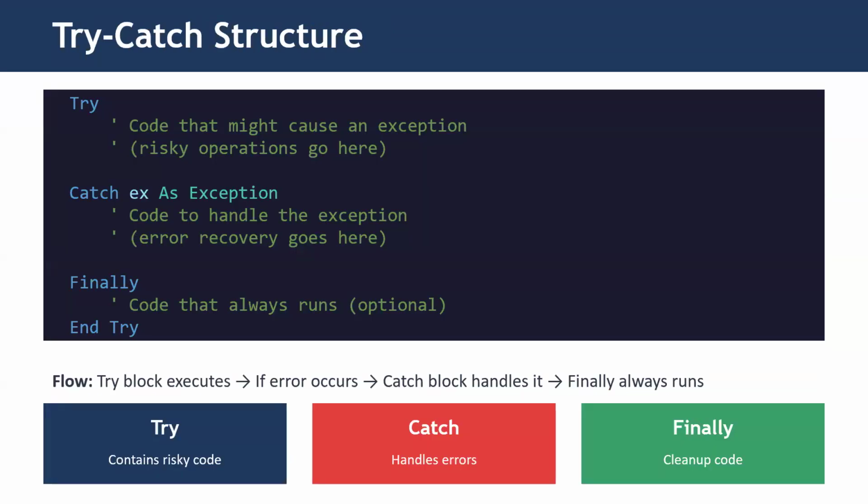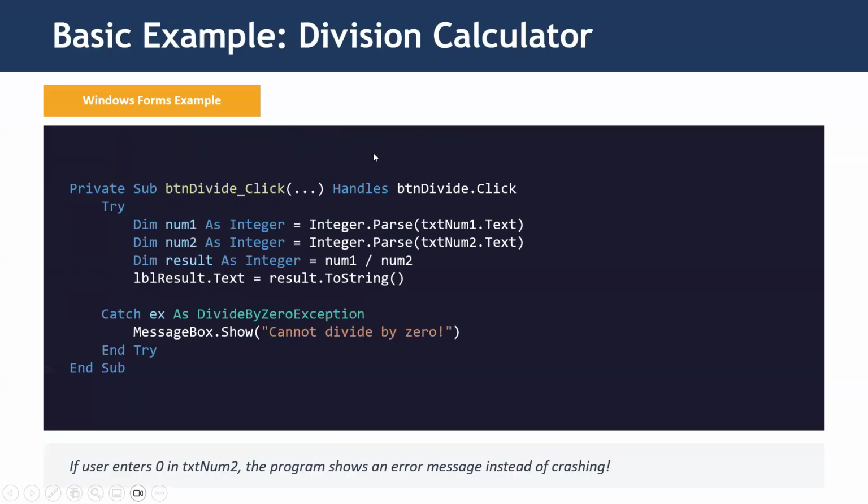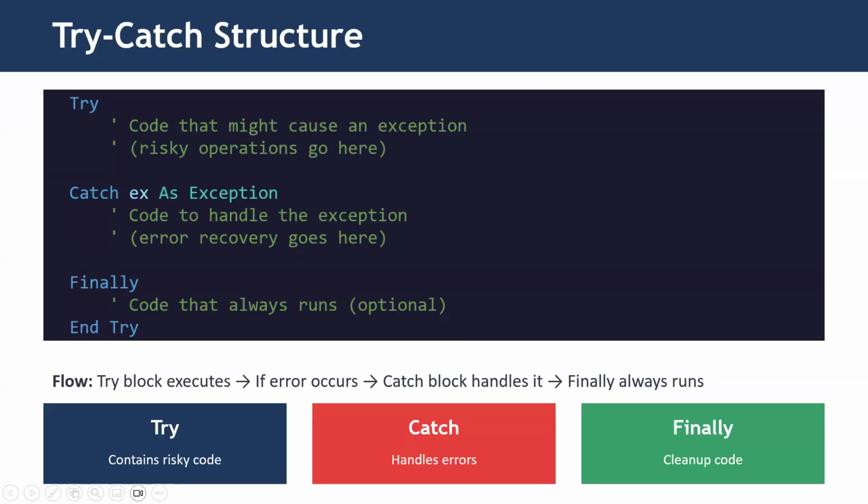Try and catch comes in this way. We have try, catch. Sometimes you have try, catch, and finally. This means that here we'll put our code. The code which is going to run, we'll put it in the try.